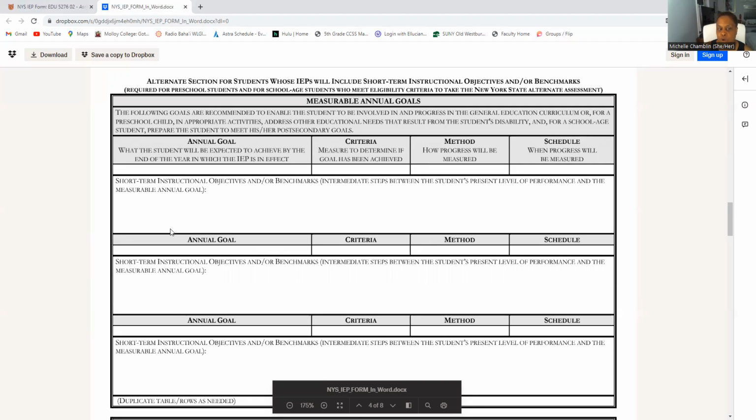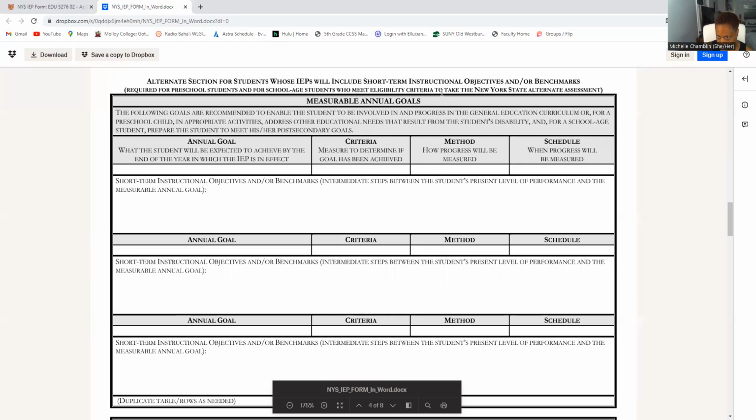And this section is also required for those students who will be participating in the New York State alternate assessments. So if a student is in general education and they're taking the New York State assessments, and it has been determined that they are not a part of the alternate assessments, this section is not filled out for them.